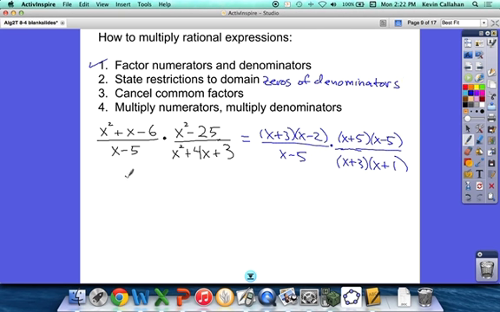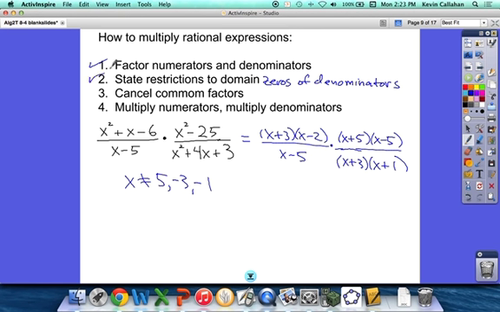So what will that be? x does not equal 5, negative 3, negative 1. Right? Don't even look at the numerators. Numerators have nothing to do with it. 5, negative 3, negative 1. Check.